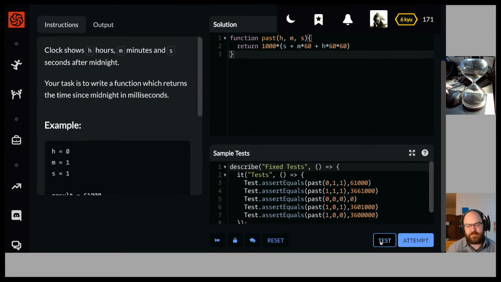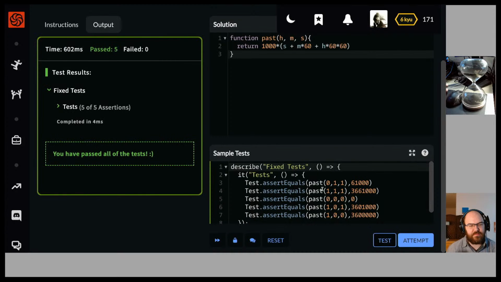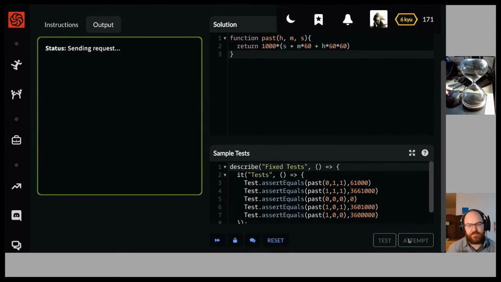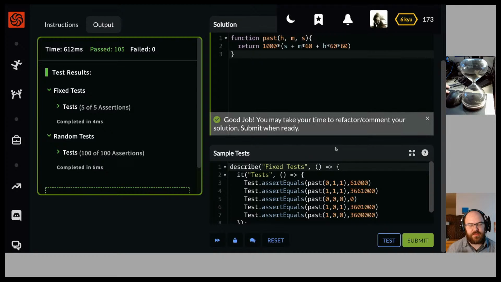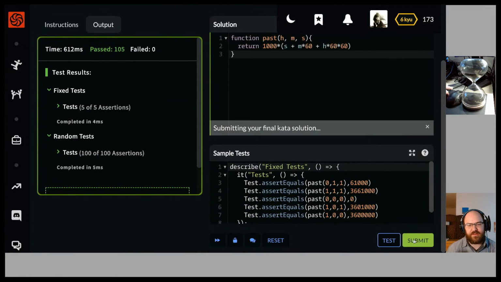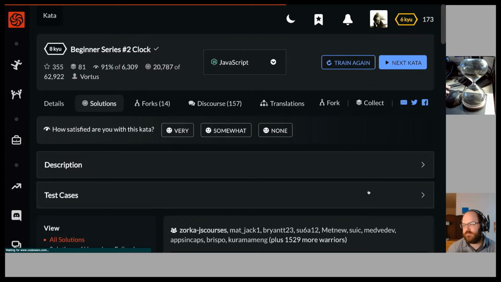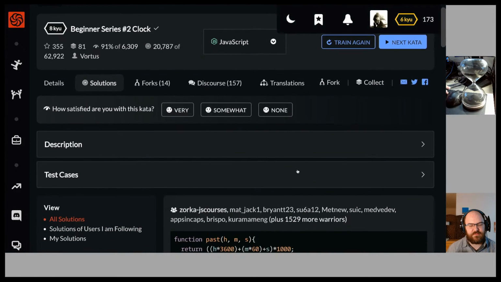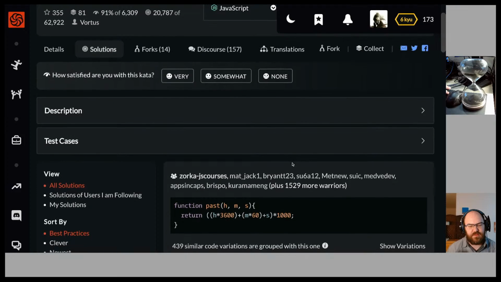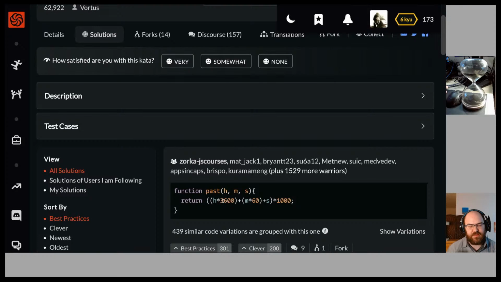That should do it. Yep. Okay, I don't need to refactor. This is the same idea, although they wrote out 3600 instead of 60 times 60.